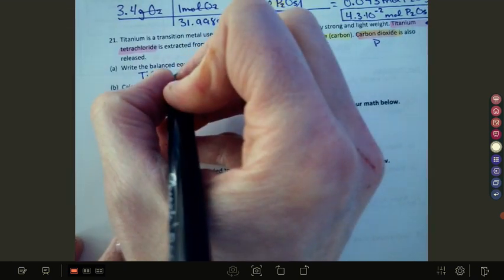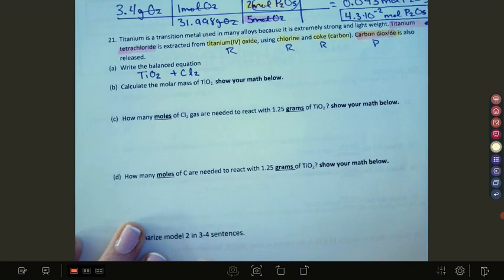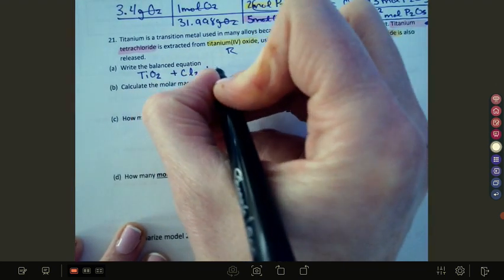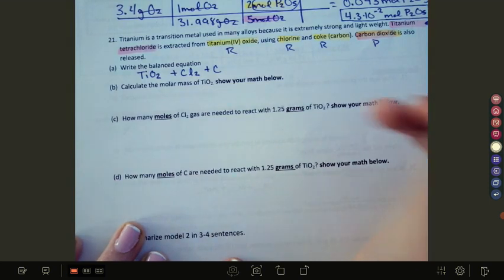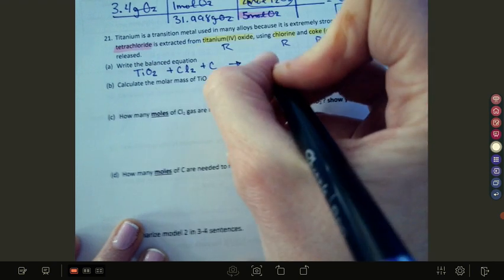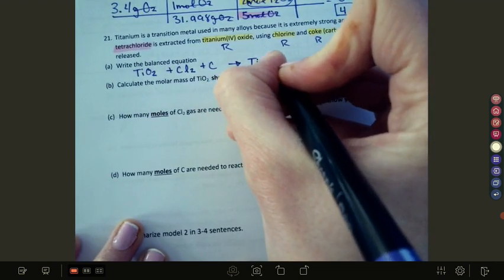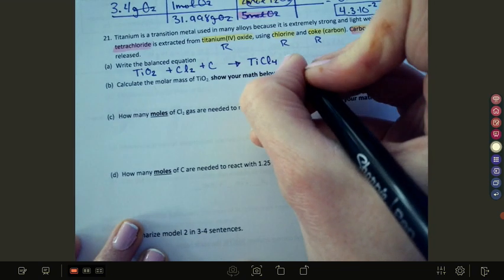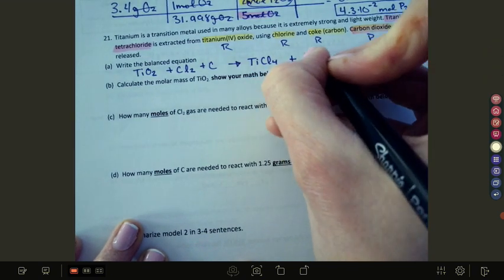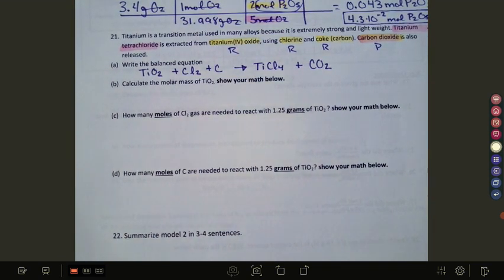Okay, and you're going to add chlorine gas, which is Cl2, and coke, which is just carbon. And it's going to produce titanium tetrachloride, and carbon dioxide is also a byproduct. Go ahead and try to balance that.